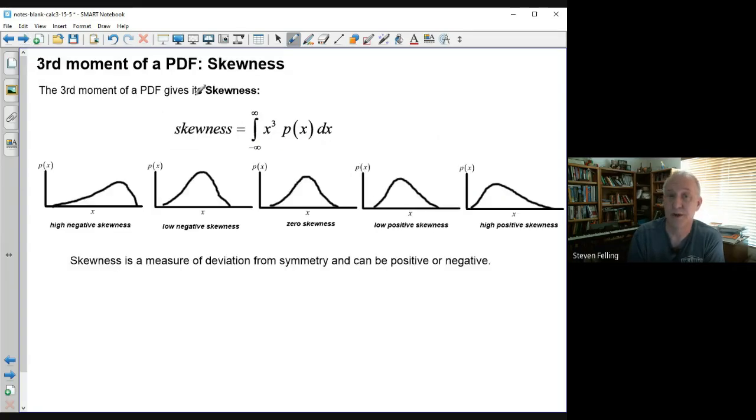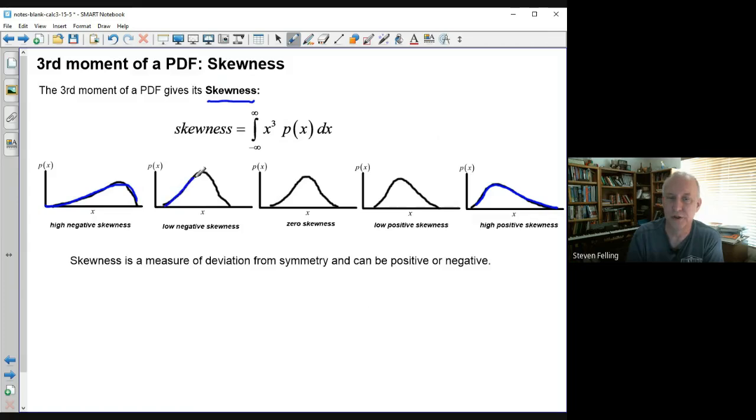The third moment of a PDF, this is a single dimension PDF, is actually called skewness, interestingly enough. And so that's how non-symmetrical the variation is. So high skewness is something that is very non-symmetrical. That would be a negative high skewness, and a positive high skewness has tails towards higher values, right?